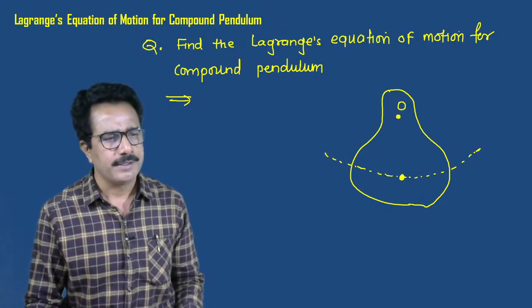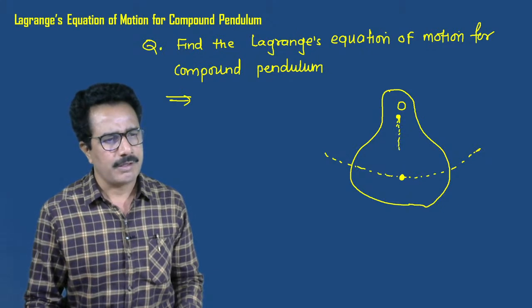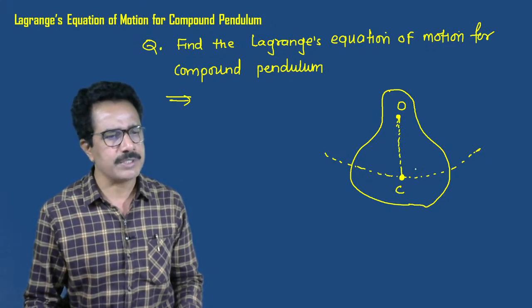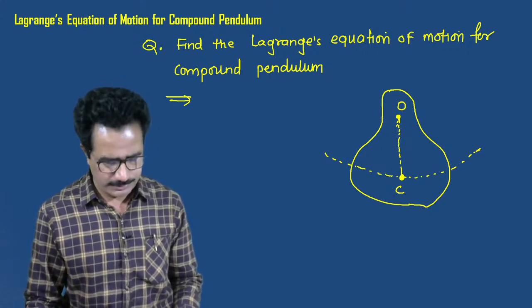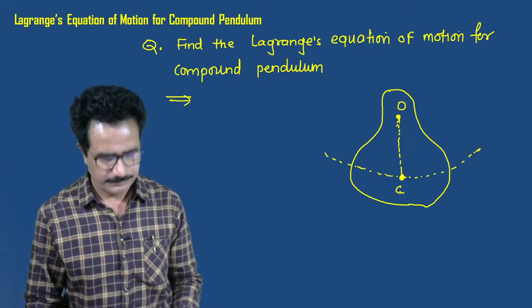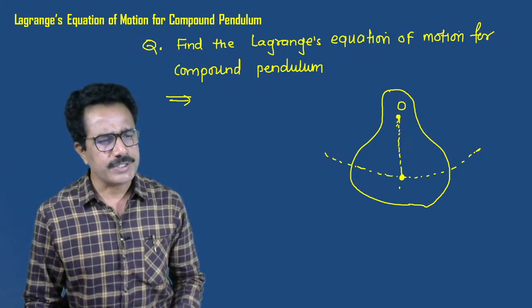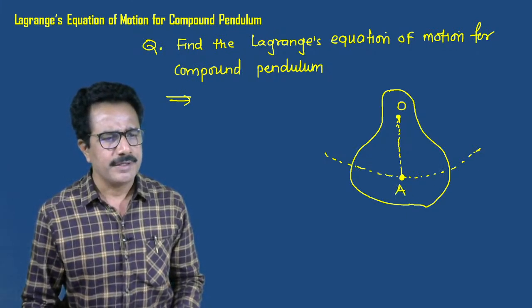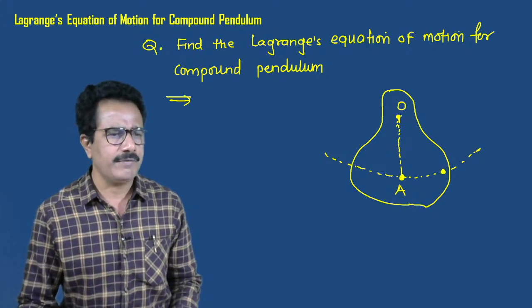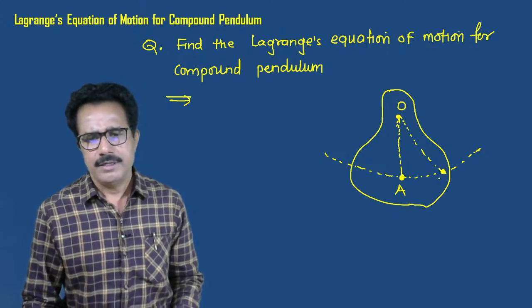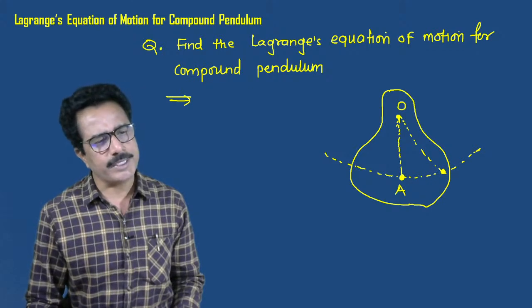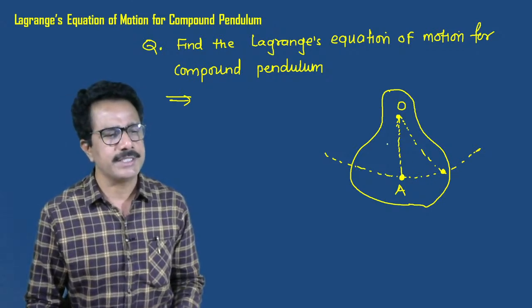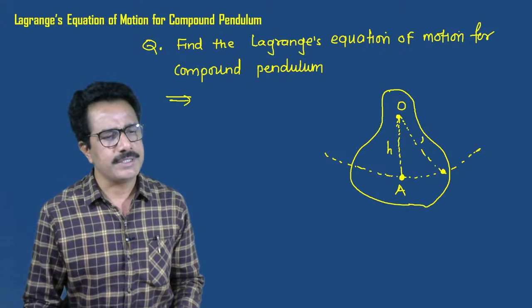Suppose this point is A, and after the oscillation this point is C. Then the height is to be considered, that is H, and this is L.